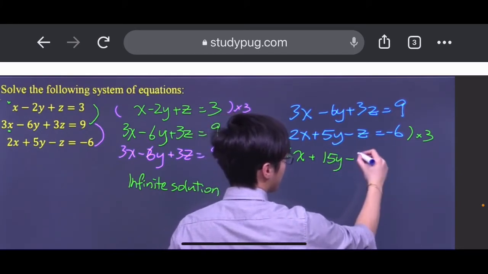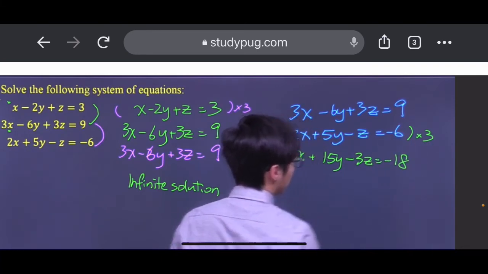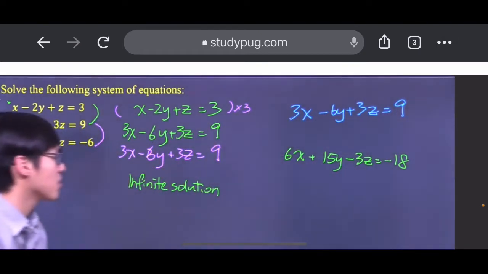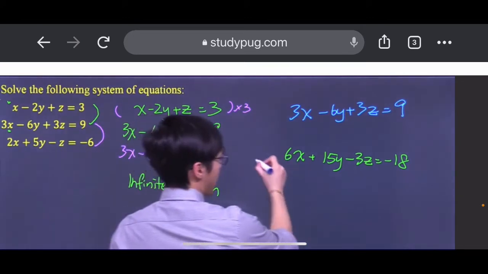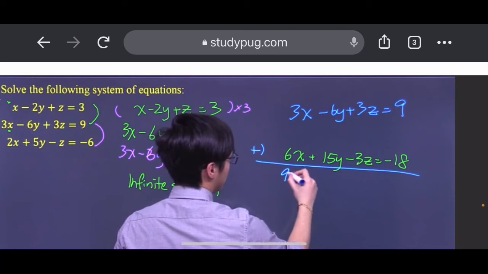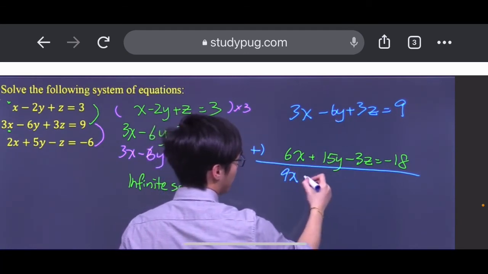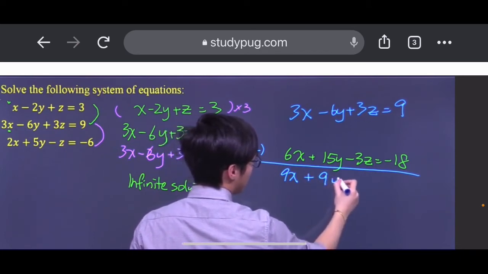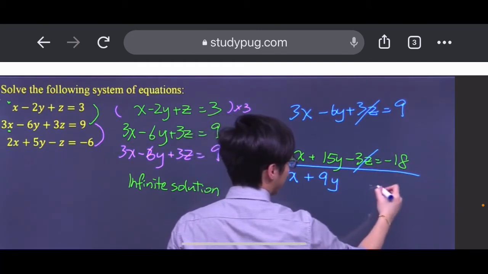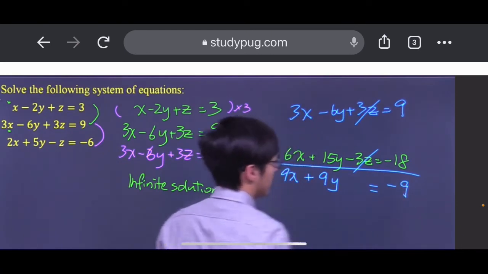And 3 times negative z is negative 3z, right? 3 times negative 6 is negative 18. Okay, so now we ignore the old equation because we've made the changes already. Now, we add them up. 3 plus 6, 9x. Negative 6 plus 15, we'll have positive 9y. 3z minus 3z, they cancel each other. And 9 plus negative 18, we get negative 9.